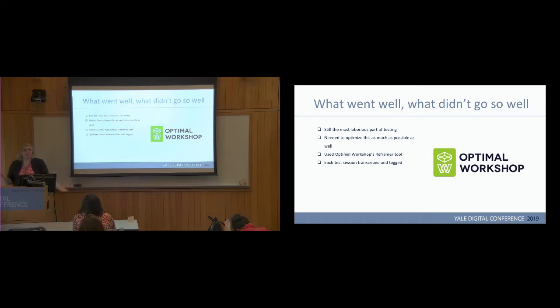For instance, if someone was on task 1 and they were like, ugh, right? Then I would code that particular line, task 1, and tag it negative, or tag it doesn't like this, or something like that. Also, if they were doing task 1 and they couldn't complete it, I would tag it fail. As you can imagine, that takes a ton of work and a ton of time. But you get really great visualizations at the end.